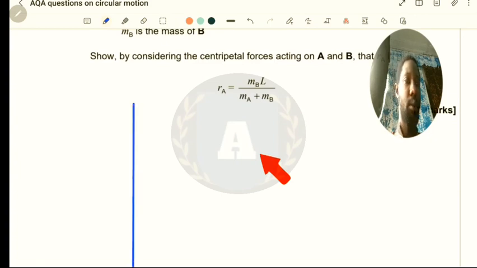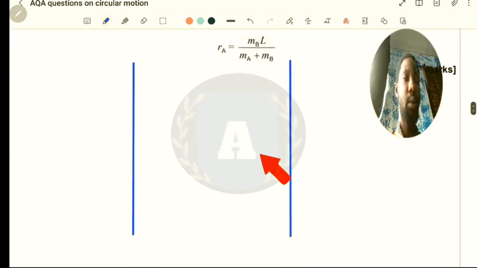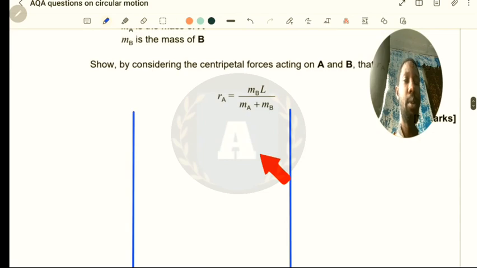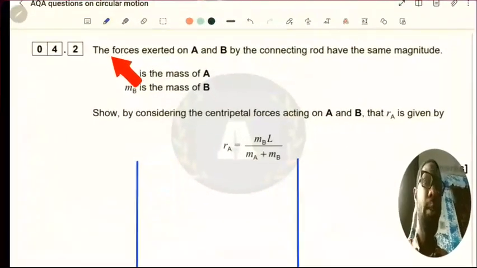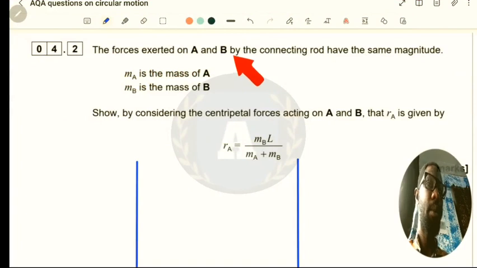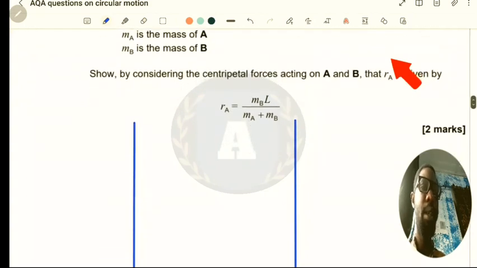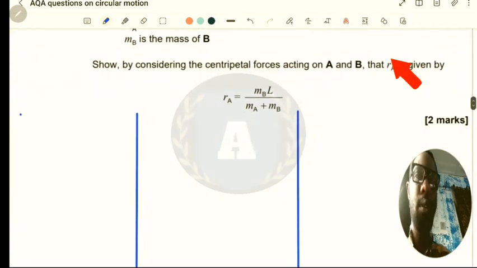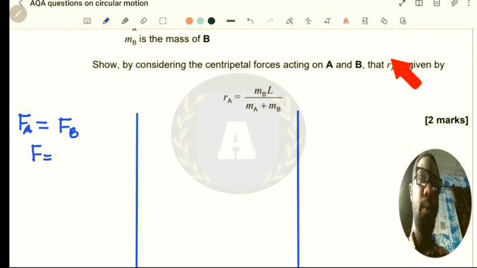Okay, I want to draw my margin so that we'll have enough space in order not to exhaust the whole space. Now, because the forces exerted on A and B by the connecting rod have the same magnitude, the centripetal force of A is equal to the centripetal force of B. We know the formula for centripetal force is the product of mass, angular velocity squared, and the radius.